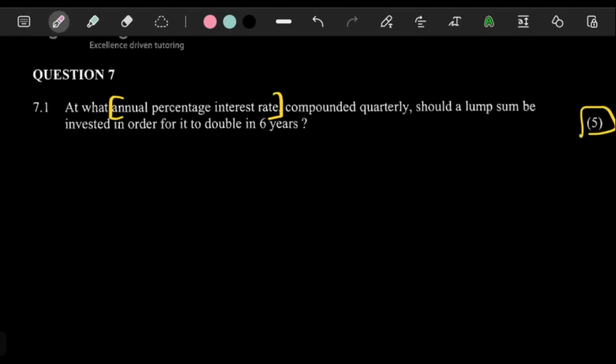Because here they're talking about annually, and at the same time they are talking about compounded quarterly. So in this case, you don't have to worry too much about it. You don't overthink it, because it's the same normal everyday question.